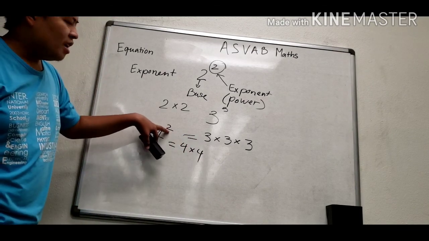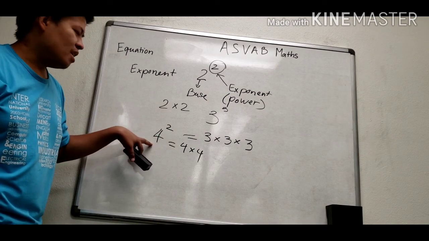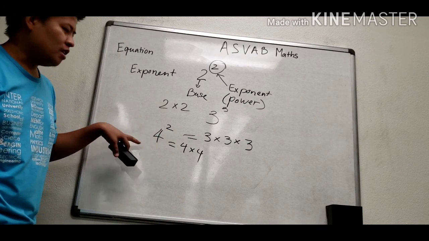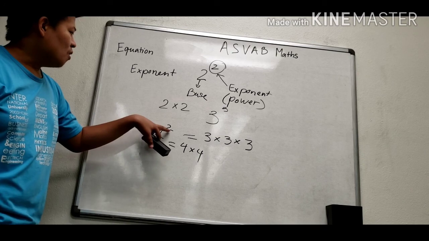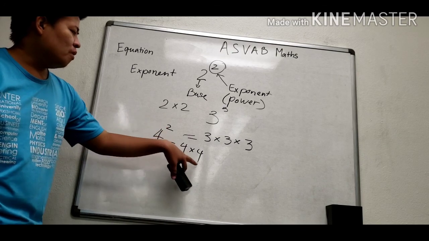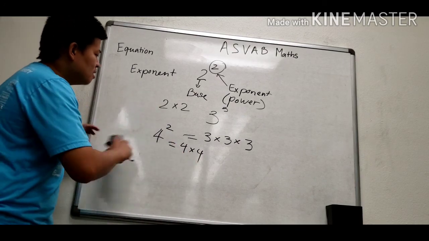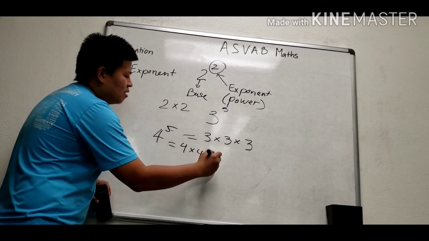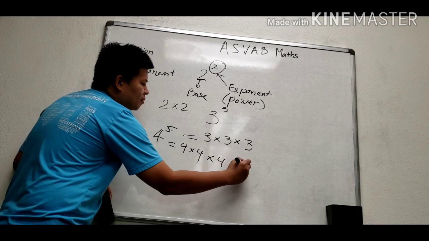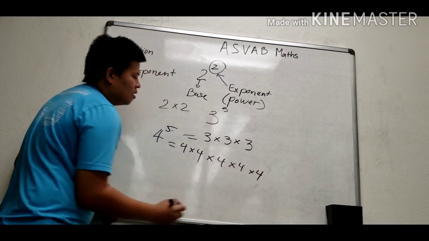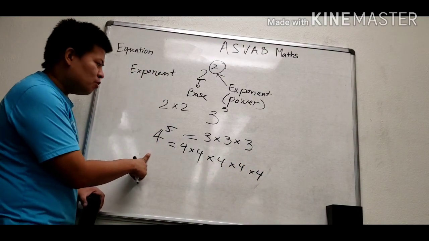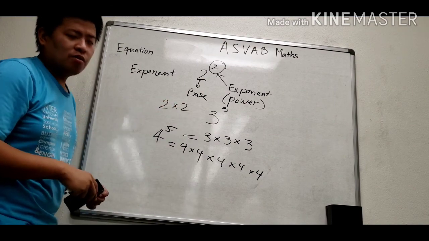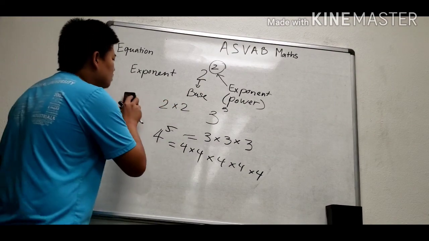So the exponent represents how many times the number is multiplied by itself. If it is 5, they will multiply 5 times. This is about the exponent, and we need to learn how to work with exponents.